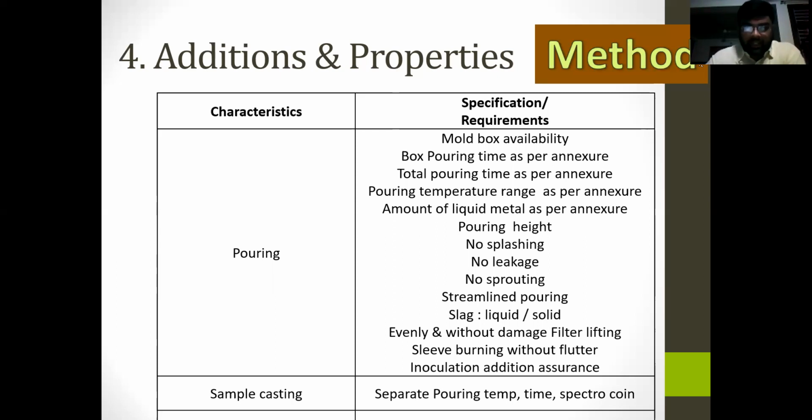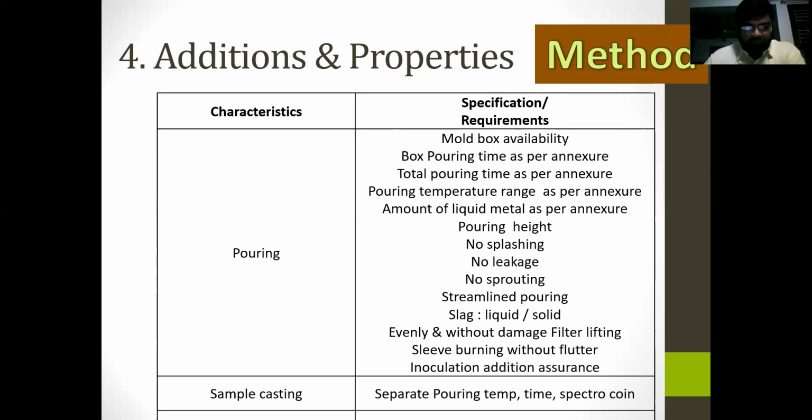Then the pouring height: there should not be splashing, there should not be leakage of the mold box, no sprouting while pouring, then streamlined pouring. Then you have to ensure the liquid and solid slag, then even and undamaged filter lifting. Here again, sometimes we get a damaged filter, or a poor strength filter.